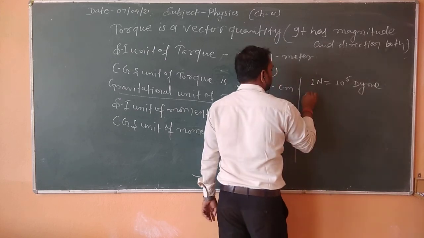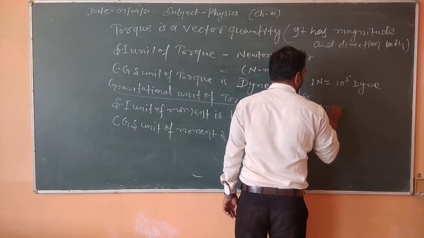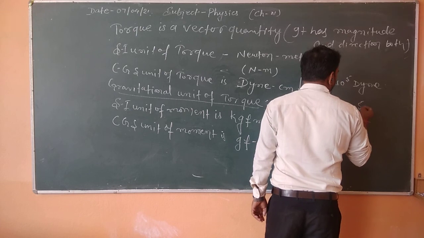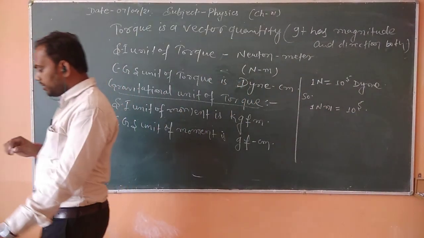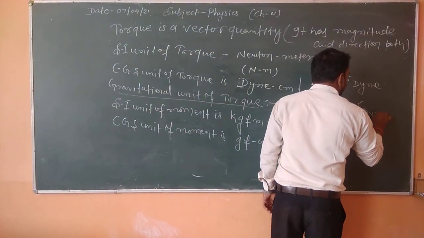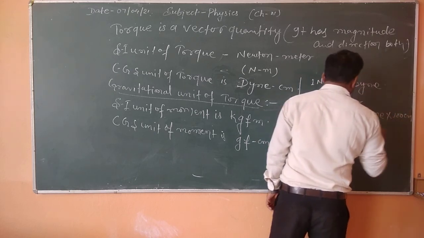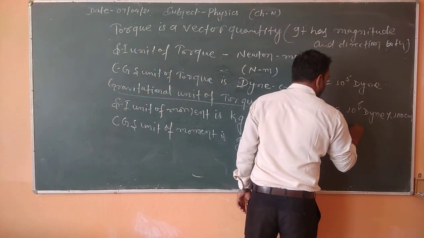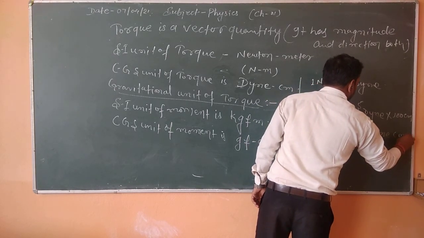So 1 Newton meter is equal to 10 to the power 5 dyne into 100 centimeter. It means 1 Newton meter is equal to 10 to the power 7 dyne centimeter.